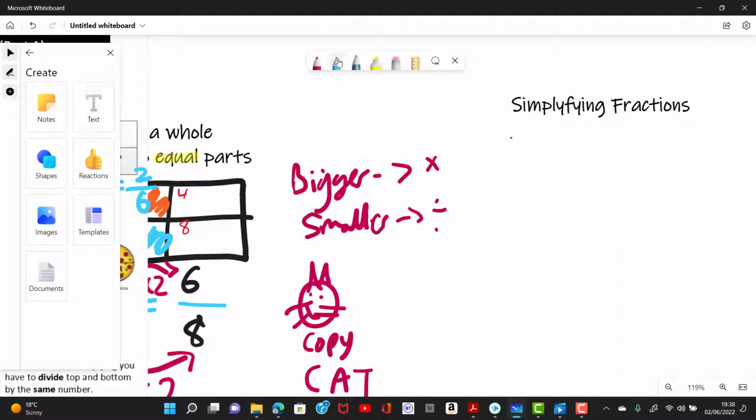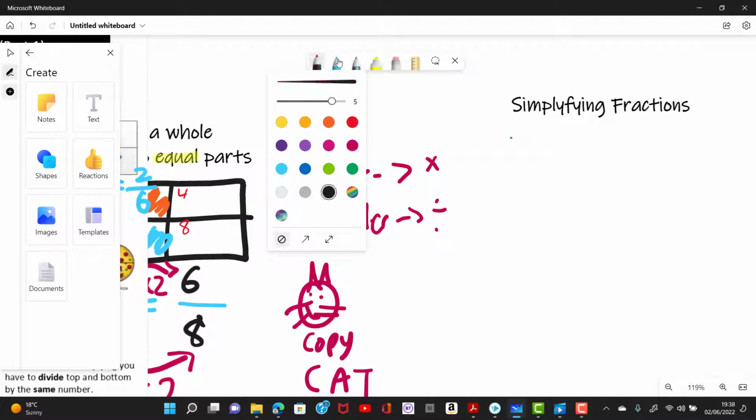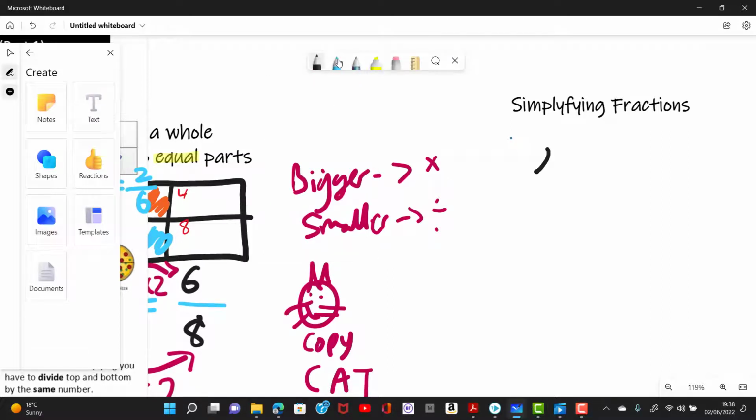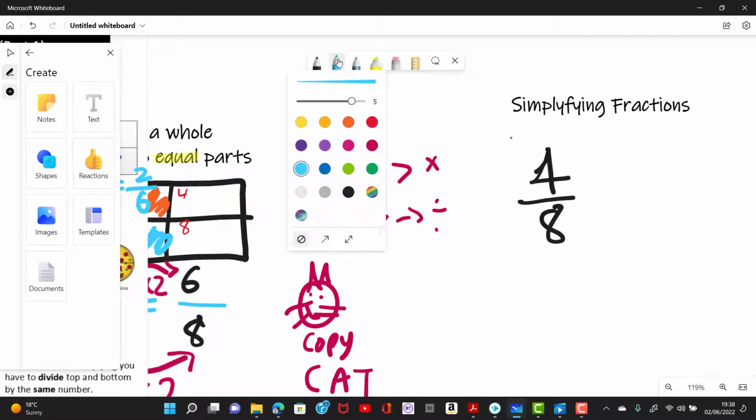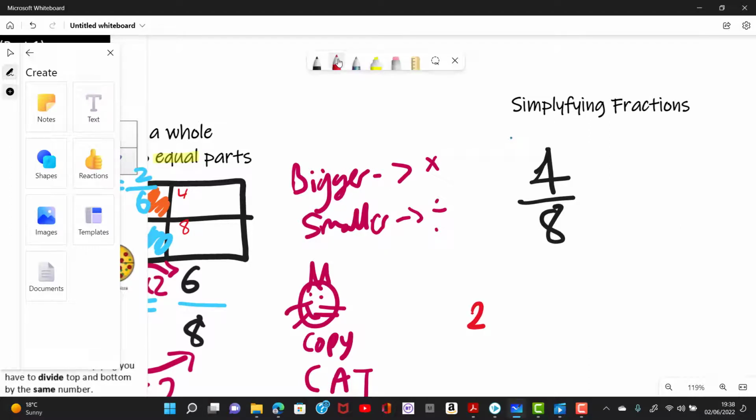Let's give an example. Let's do 4/8. We want to simplify that, or put it in lowest terms, as the book also says. To do that, we have to think of whose times table both 4 and 8 are in. They're both in the 4 times table, and they're also in the 2 times table.